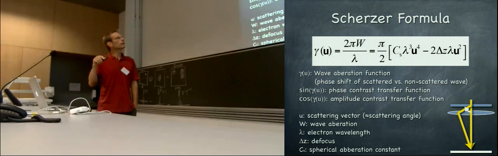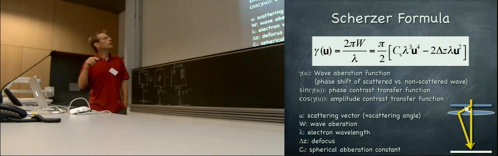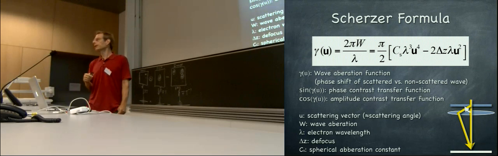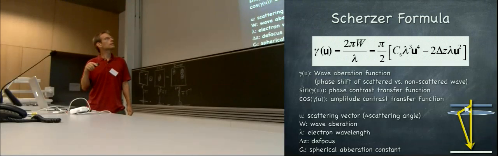This is the full formula. So lambda also appears in this, and it turns out that lambda is to the power of 3 here and lambda is linear here. So higher kilovolts give you a shorter wavelength, and this gives you less wave aberration. And this is why 300 kilovolts have less problems with the contrast transfer function than 100 kilovolts.